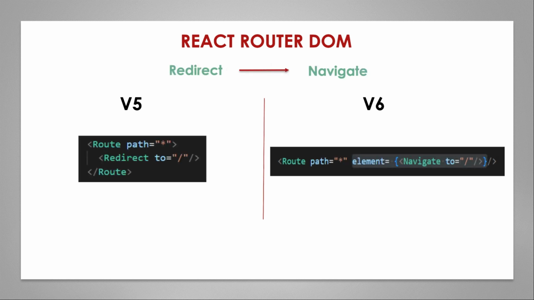We also saw that whenever we try to search for a path which is not defined in the application, we used to define a wildcard entry in the route, and we used to redirect to the specific path. In our case, we used to redirect to root of this application in version 5, but in version 6, we used navigate instead of the redirect component and redirected to the root of this application.